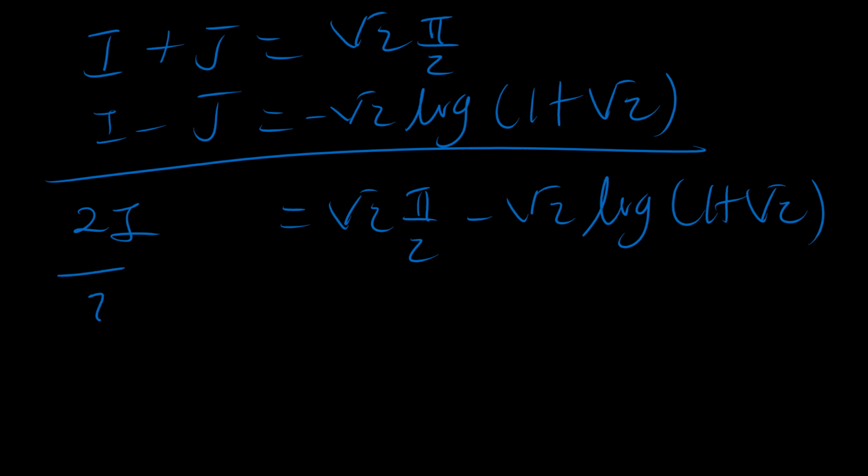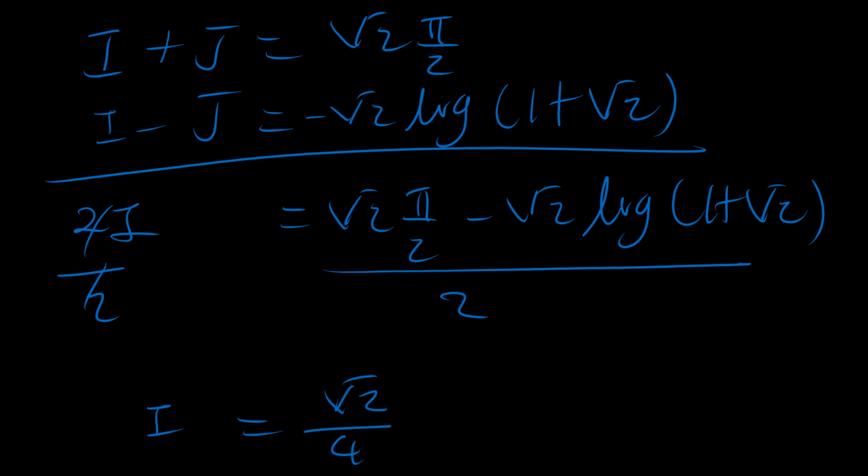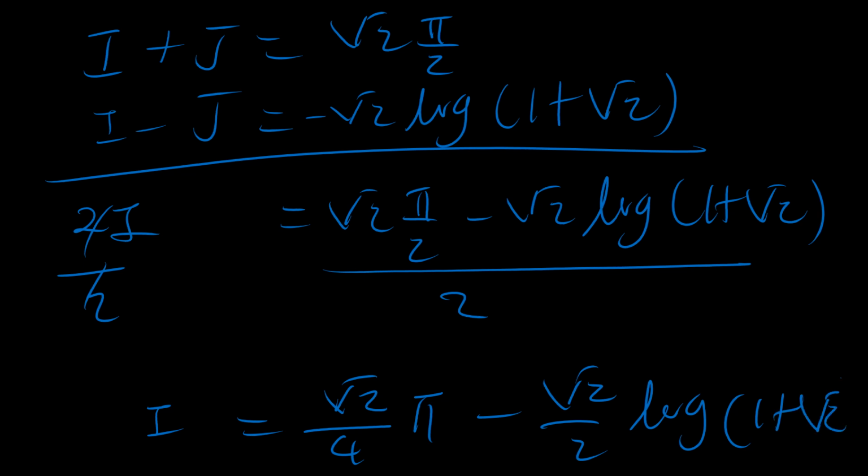Dividing both sides by 2, we get I being equal to root 2 over 4 pi minus root 2 over 2 natural log of 1 plus root 2. And so this is going to be our answer for now.